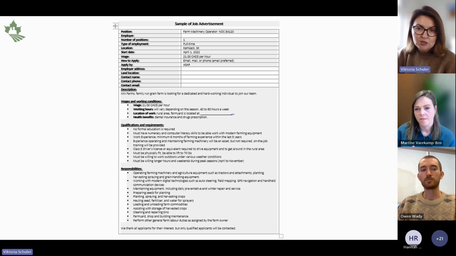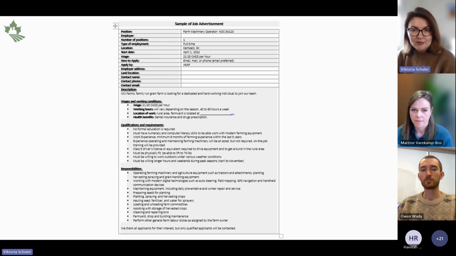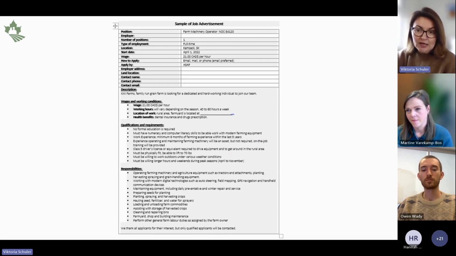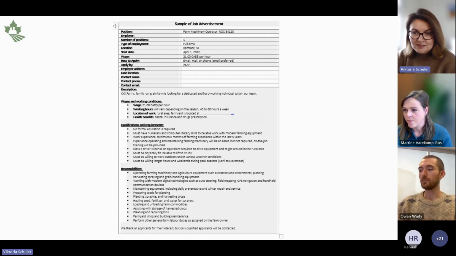If it's a low wage, you need to pay at least the median wage for this occupation for your economic region in your province. If you would like to hire 2 workers, one at 18 with no experience and another with some experience, then yes, it needs to be 2 different advertisements and 2 different LMIAs as well. Correct.